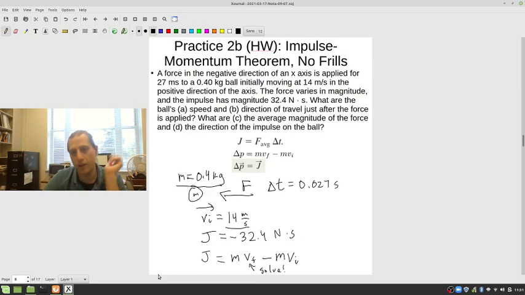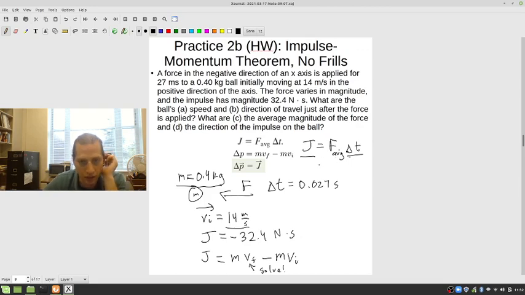And then part C asks, what's the average magnitude of the force and direction of the impulse on the ball? Well, J equals F net, or F average, I should say, times delta T. So you know J, that's this. You know delta T, that's that. So you can go ahead and find the average.